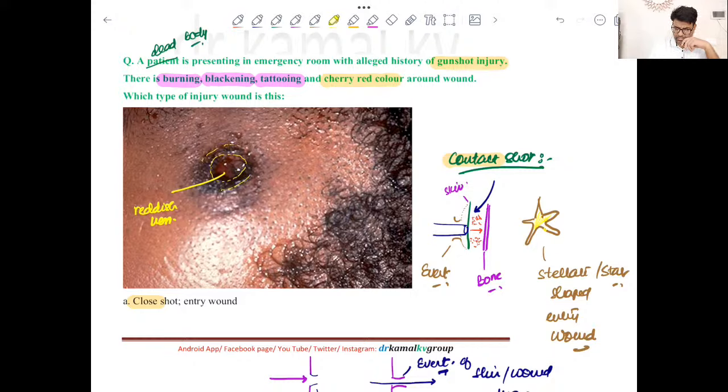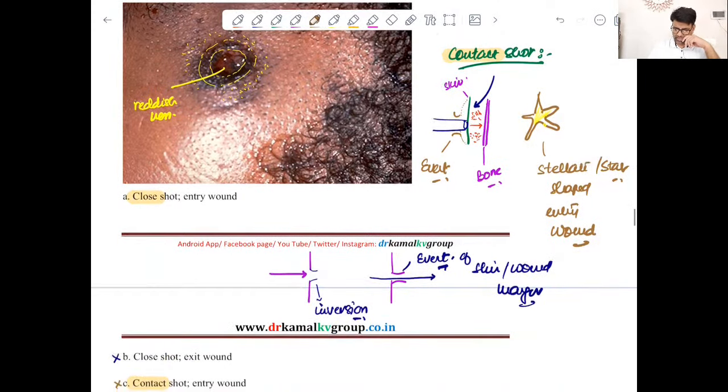So you can see some blackening here, right? Then even in the surrounding part you can see some staining, that is known as blackening or tattooing, right? So there are a few terms, one is tattooing, okay? Then there is burning, which is actually known as singeing, especially singeing of hairs, right? So these are a few terms which are very indicative of a close shot entry wound, right? So this is the basic concept.